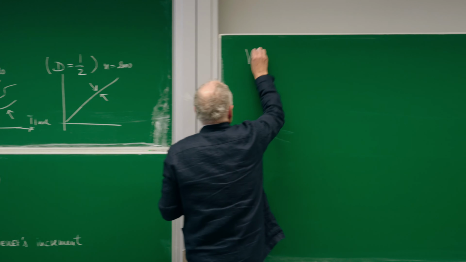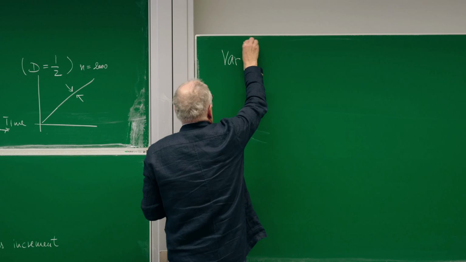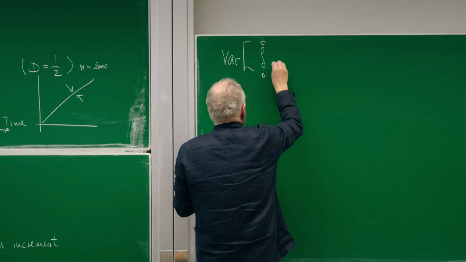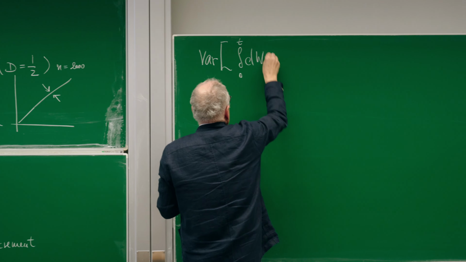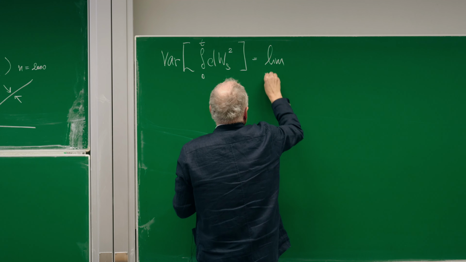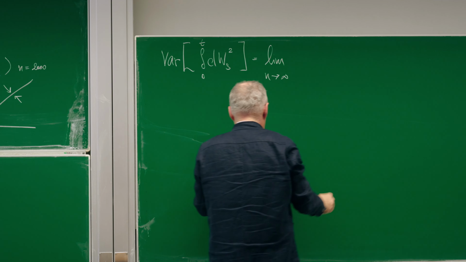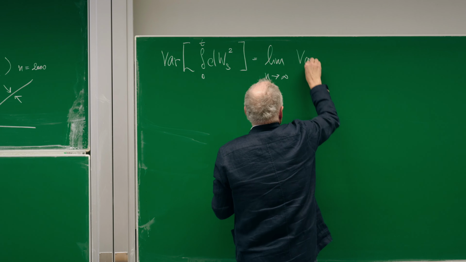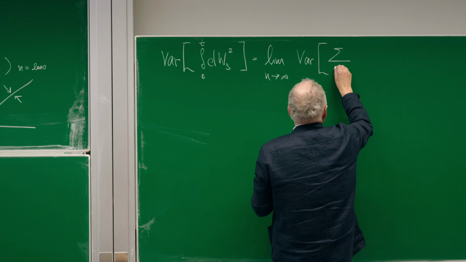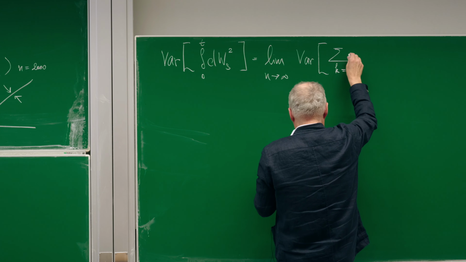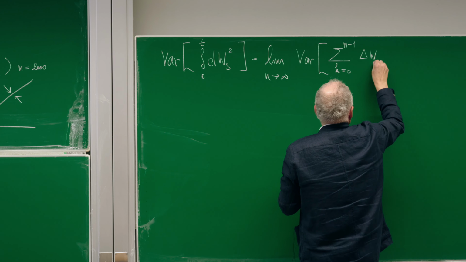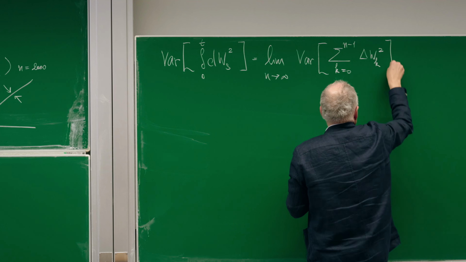So let's look at the variance of our random variable, which is the limit of the number of discretization points being infinite, and the variance then of the discrete sum from k equals 0 to n minus 1 of delta w squared.